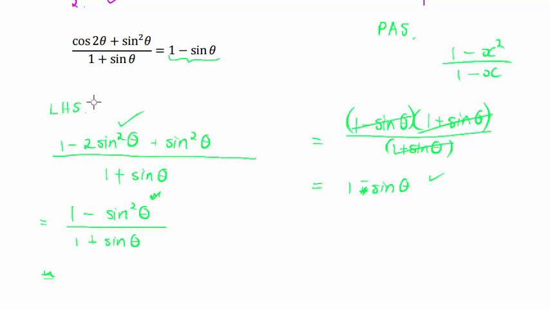When is something undefined? When the calculator says math error. So how does the calculator know this is undefined? Because the denominator is 0. Nice. Okay, so when is it undefined? When 1 plus sine theta is equal to 0.